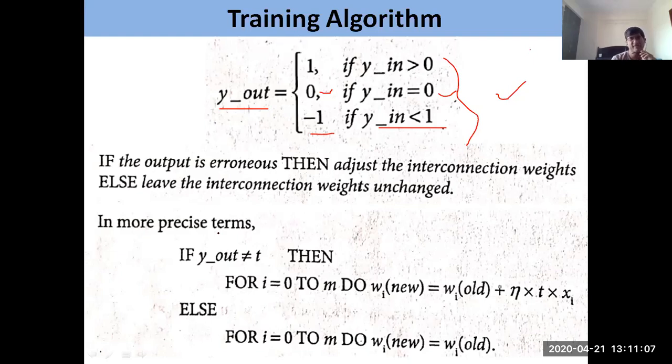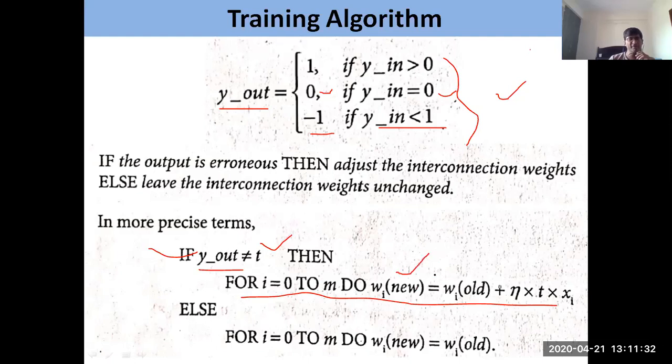So this is the basic rule that we are going to use in this particular algorithm, which can be represented in the form of statements like this. If the Y output, that is the calculated output, is not equal to your target, then for all the corresponding weights, we would be finding the new weights. We would be adjusting the weights.